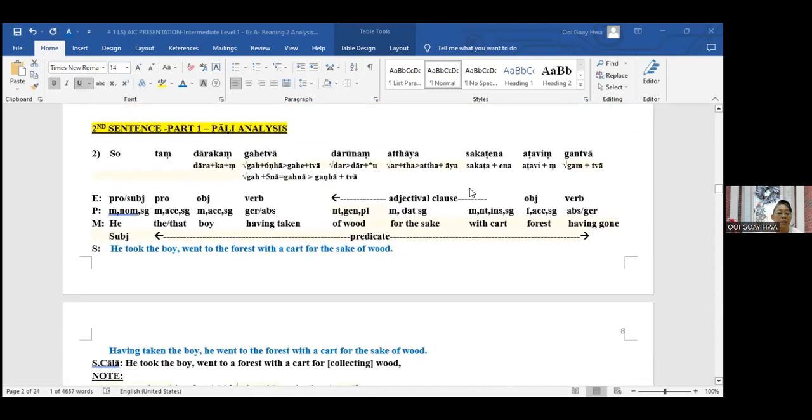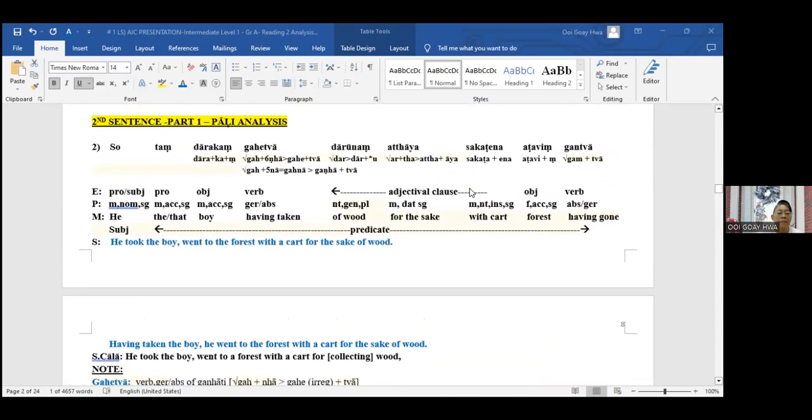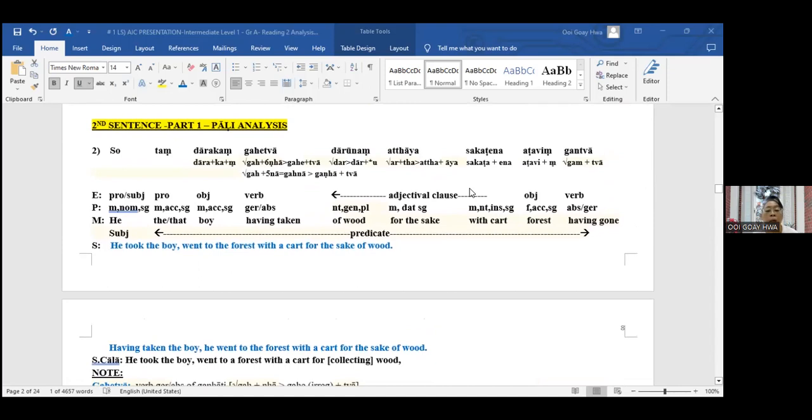Sentence 2, part 1, analysis. So tam darakam gahetva darunam atthaya sakatena atavim gantva. So is a pronoun subject, masculine nominative singular, he. Tam is a pronoun, masculine accusative singular, the or that. Darakam is dara plus ka plus m, an object, masculine accusative singular, boy.